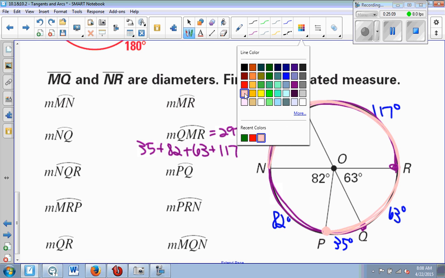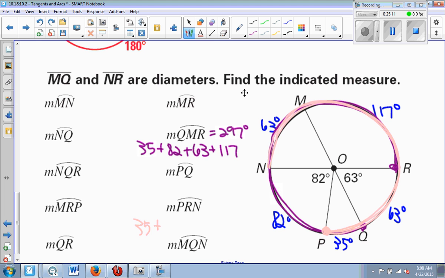We touched 35, 63, 117, and 63. By simply adding all of those numbers together, we get 278. And arc measures are always in degrees.